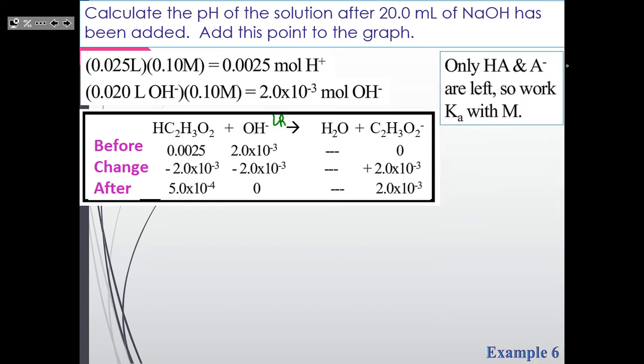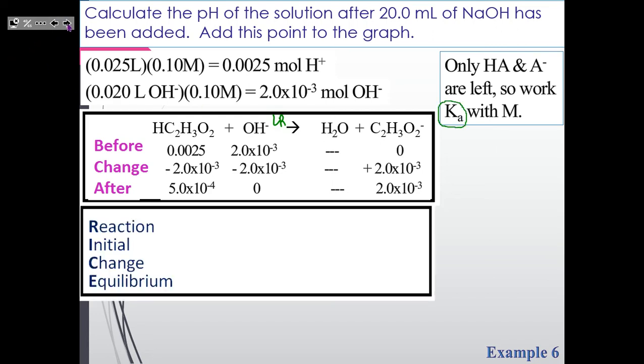Only HA and A minus are left, so we're going to use the Ka. We had the Ka to begin with. In our RICE table, we are going to use the Ka expression for a weak acid. We're going to plug in our values, and remember, there is no hydroxide, so we can get away without using a Kb expression still. Seems like that may change after the equivalence point.